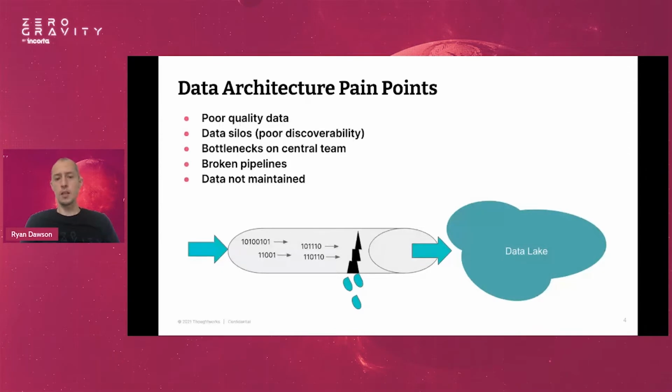The team then can't keep up with the details of all the data and don't have enough time to properly collaborate with the operational teams who maintain the systems where the data is coming from. So what you get is bad data and broken pipelines. The central lake or warehouse becomes a place where data goes to die.